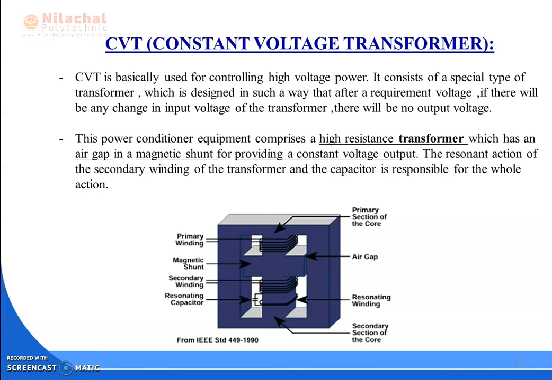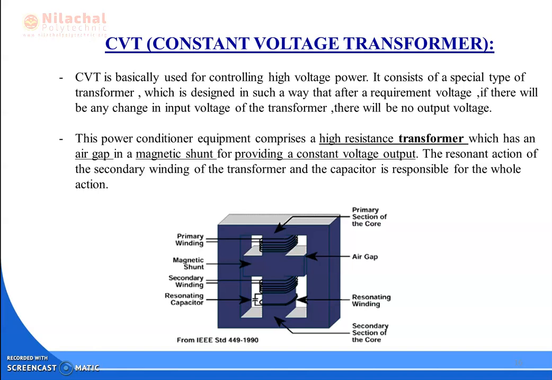So all in all, after receiving a constant voltage that we actually need for the system, if there is any change in the input voltage, there will be no change in the output voltage that we are receiving.